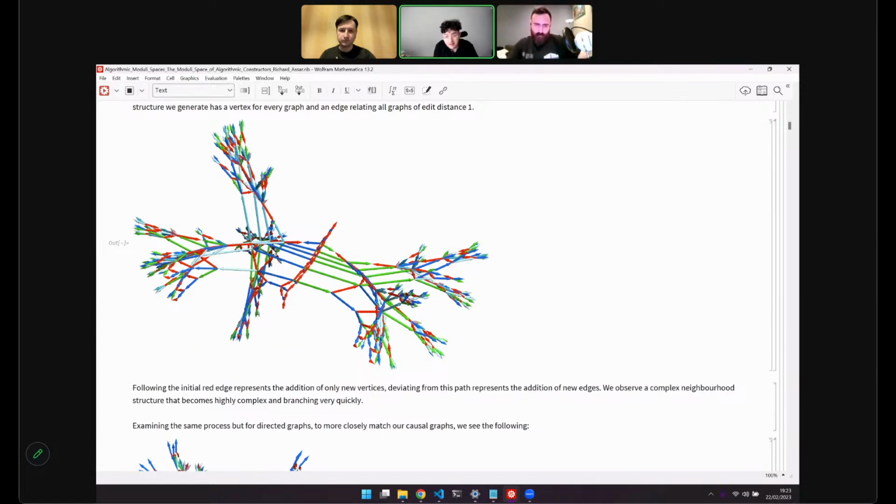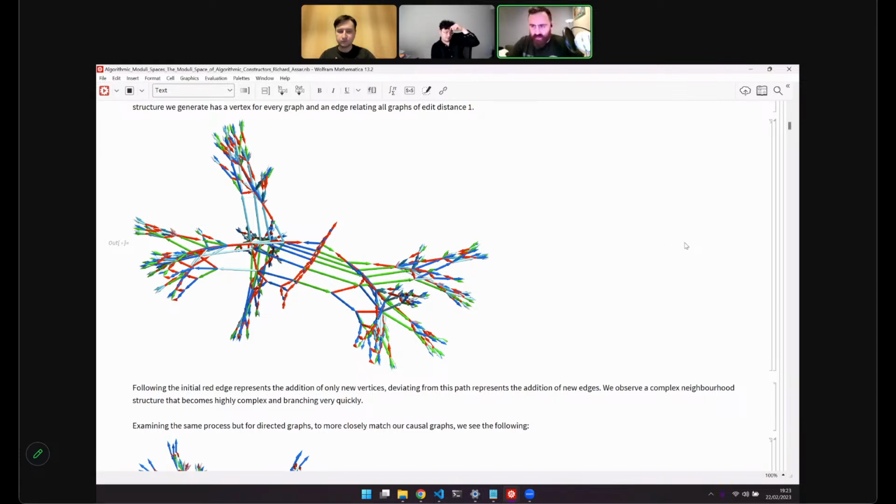The red arrows are vertex additions, and the ones that are not red are edges. What's the difference between the blue and the green, the light blue and the pink? The only consistency has to do with the order of the edge.